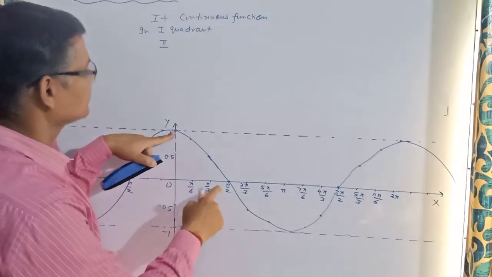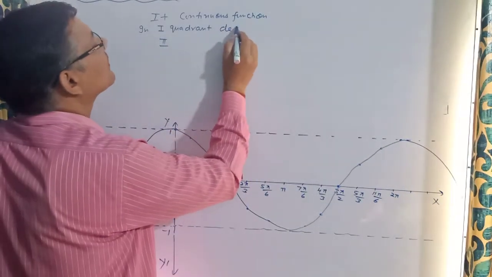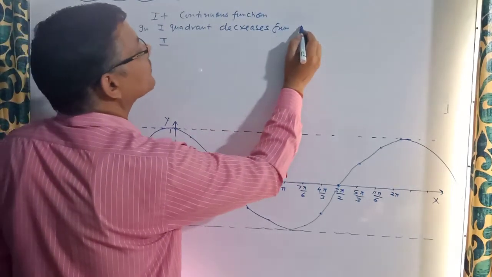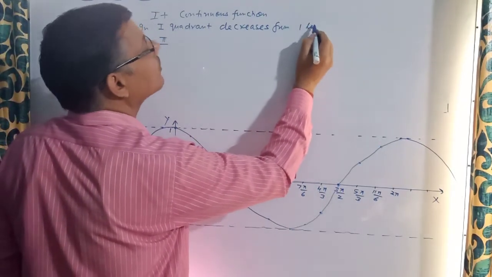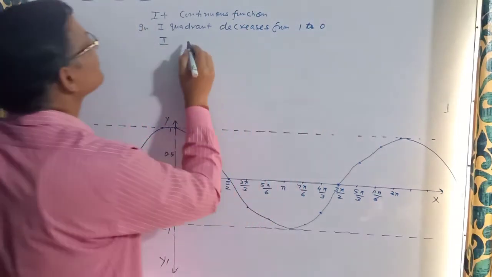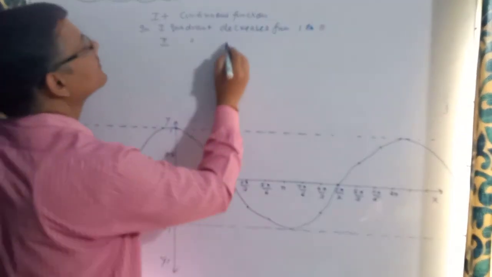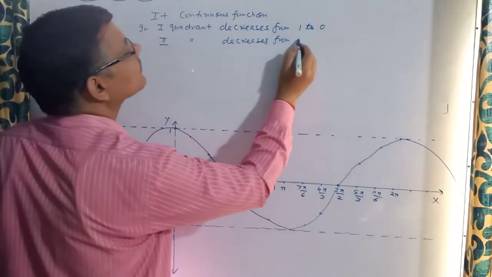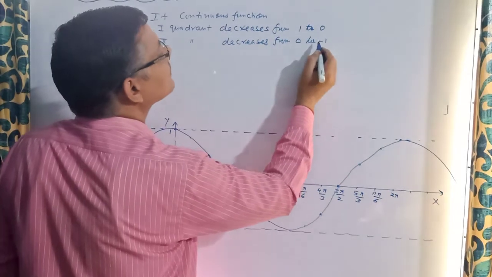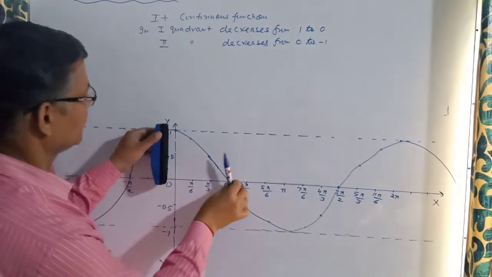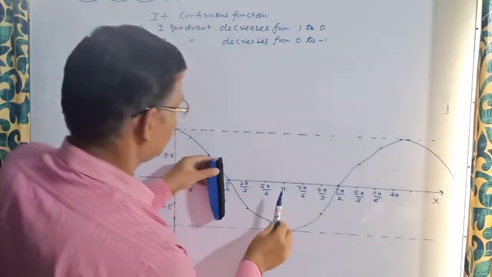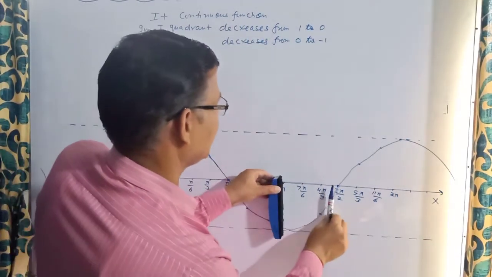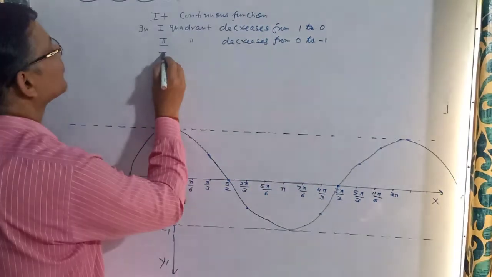This value is 1 and this is 0, so it decreases from 1 to 0. In the second quadrant, again it decreases from 0 to minus 1. Since this is your first quadrant, 1 to 0, and this is your second quadrant, 0 to minus 1. Third one is increases, minus 1 to 0.